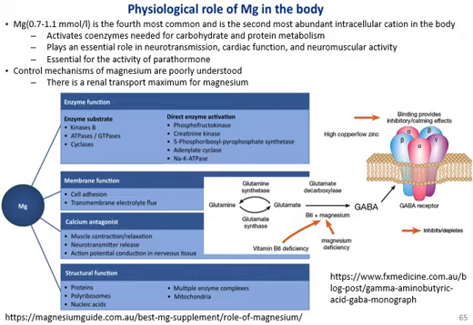One of the most important actions is outlined here. As you can see, B6 and magnesium play a role in the formation of GABA through the action of glutamate decarboxylase.